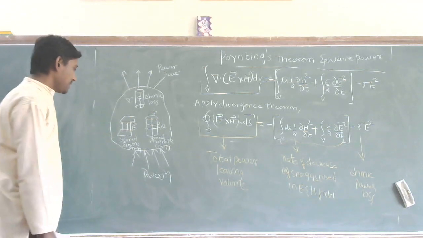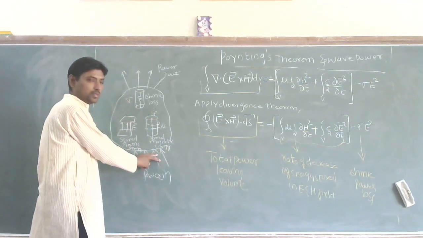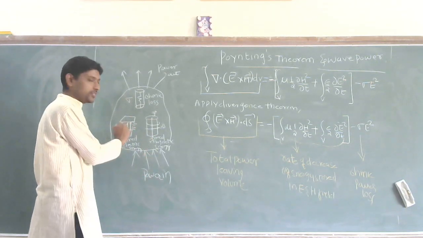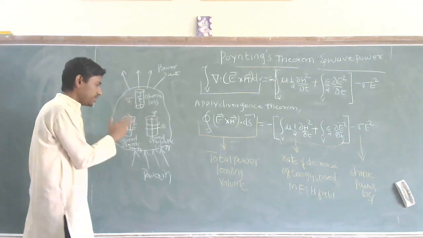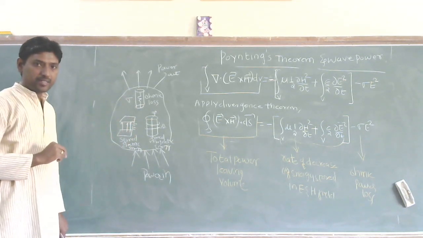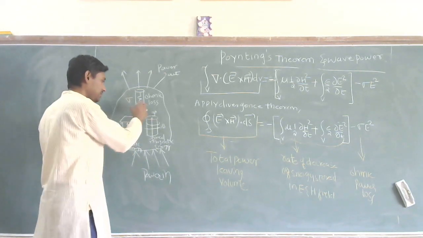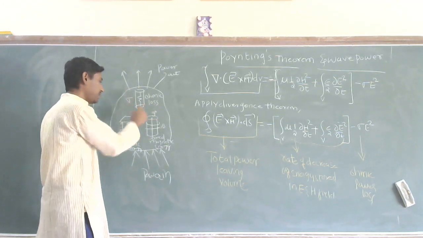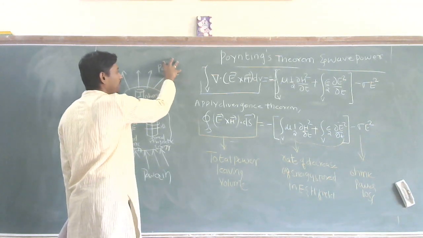As I said, there is power flowing into a volume, and there is an interaction of these electromagnetic waves with the charges and the currents. We could say there is a loss due to ohmic loss, and there is power absorbed. Now, what power will be flowing out?